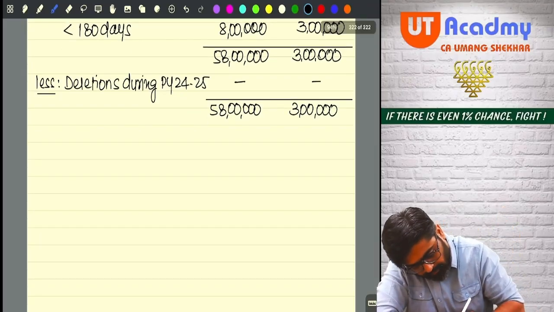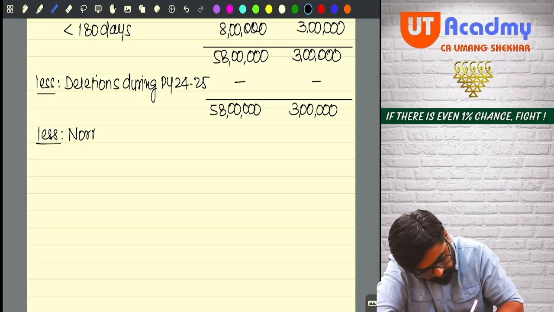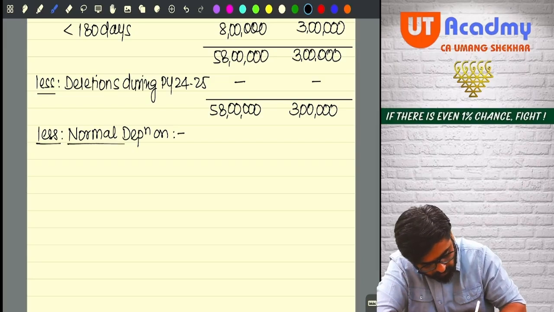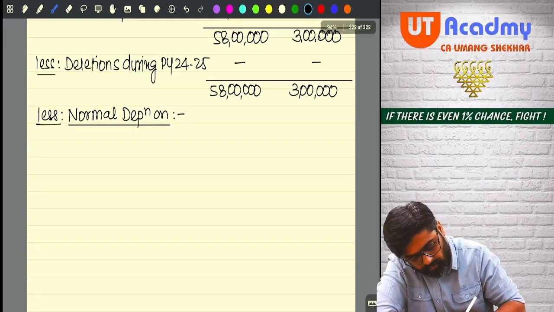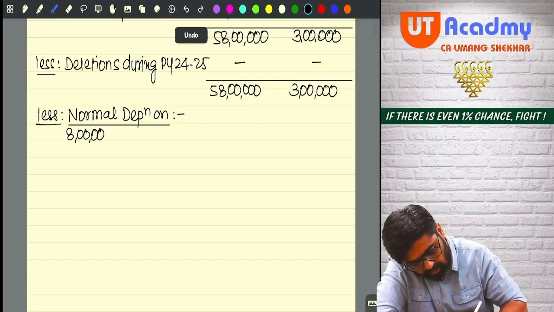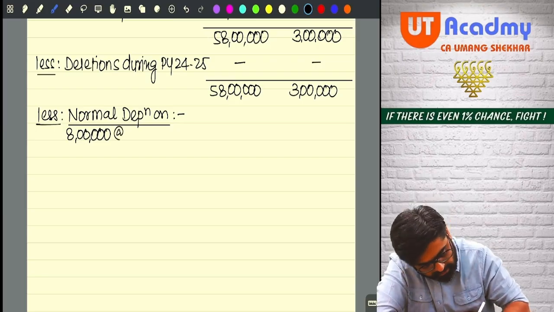So what I'll do? I will reduce the normal depreciation. So normal depreciation on what? On 8 lakhs out of 58, the normal depreciation will be at the rate of 15% into 1/2.